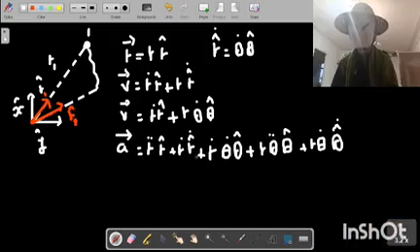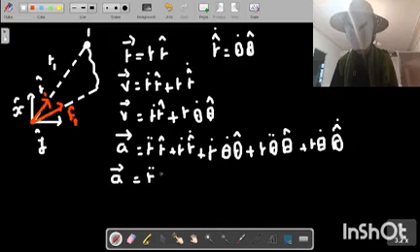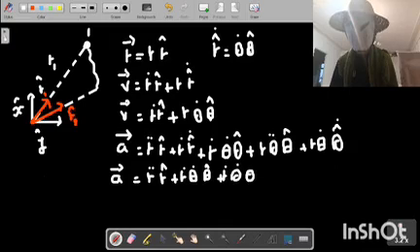Now we know r hat dot is basically theta dot theta hat, so let me just write it here. a is equal to r double dot r hat plus r dot theta dot theta hat plus, let's just remove this.